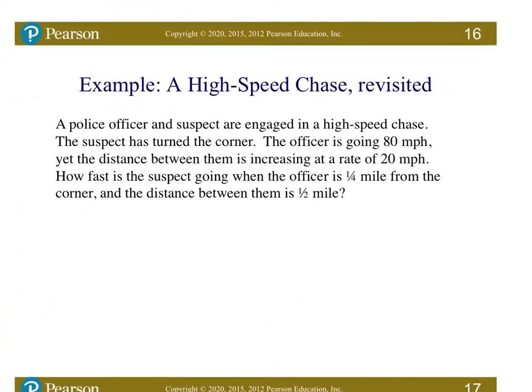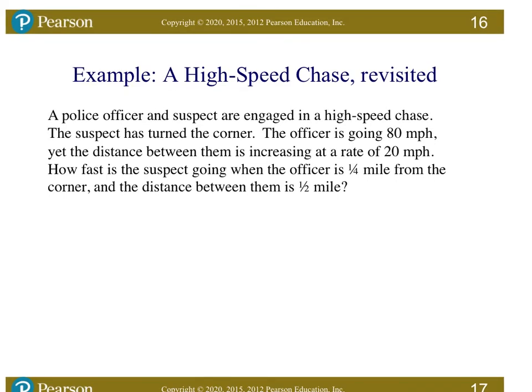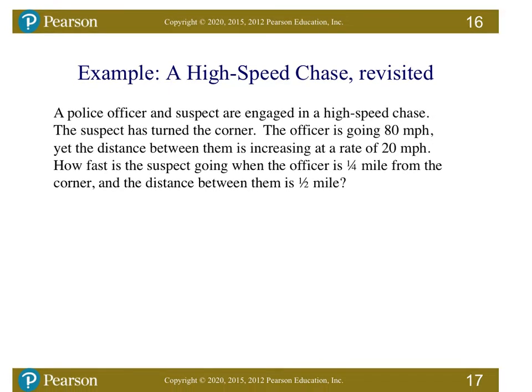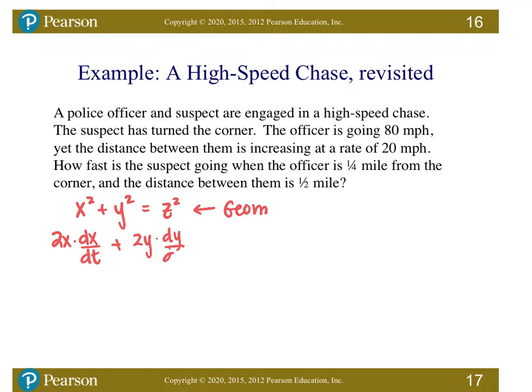So I want to do the same thing with the high-speed chase. Remember that we started with x squared plus y squared equals z squared as our geometry. And our calculus got us to 2x times dx/dt plus 2y times dy/dt equals 2z times dz/dt.